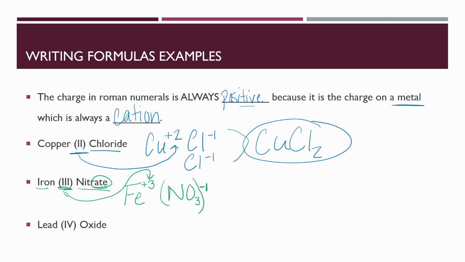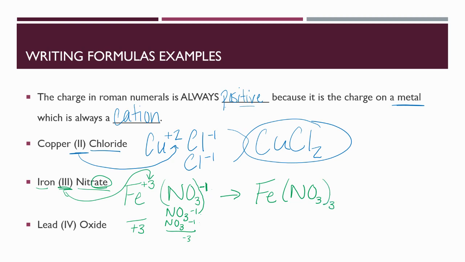The iron piece has a charge of +3. Each nitrate piece has a charge of -1. So I'm going to need 3 total nitrates for that to even out. That would give me a total charge on the positive side of +3, and a total charge on the negative side of 1, 2, 3, -3. So that formula is going to be Fe and 3 nitrates.